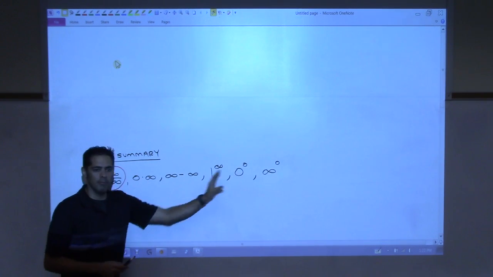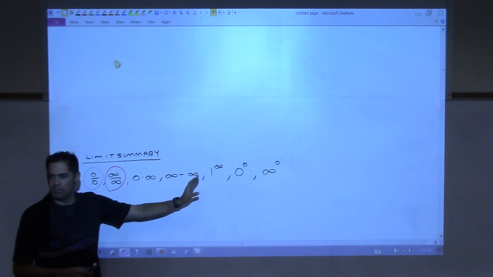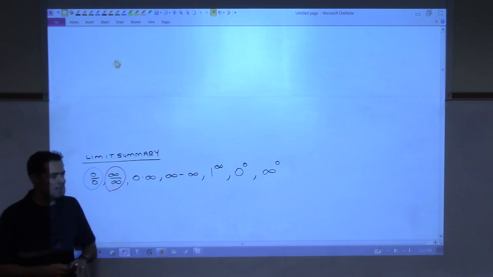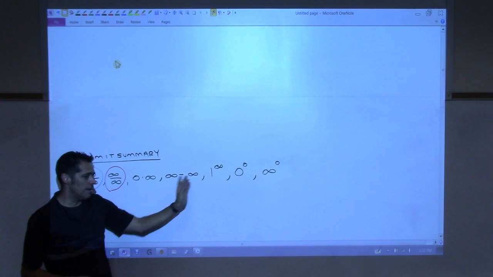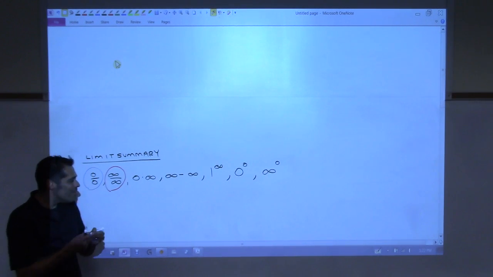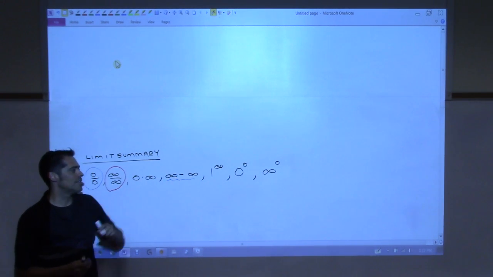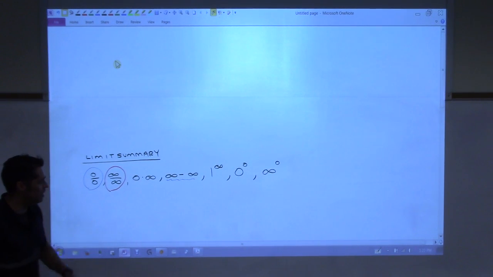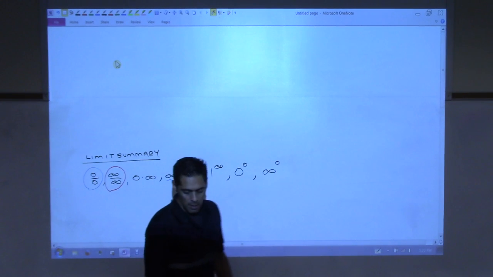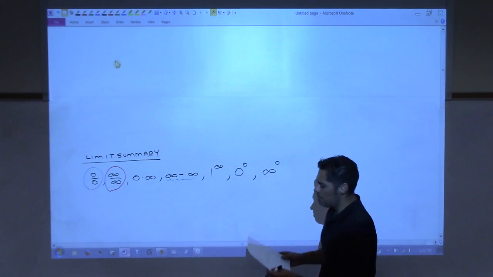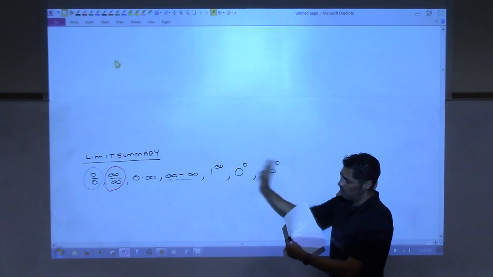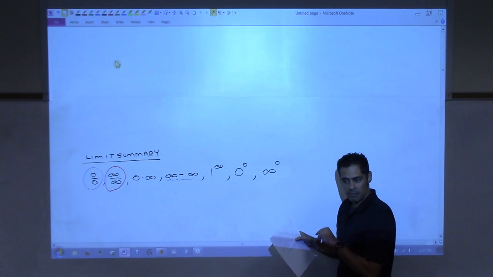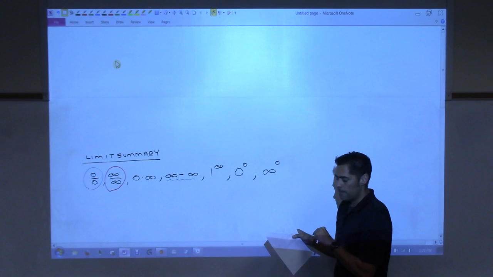Believe it or not, if we try and do these now, we're just going to be stuck. So we need to add some tools to our toolbox before we can even attack these. We might be able to address that one, but the rest, we're just going to wave our hands at it for now. The key, though, is that if you look at a limit and you see any of these happening, you're going to need some algebra or a trick. That's what you're going to need.